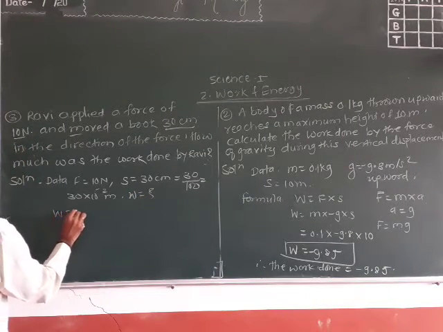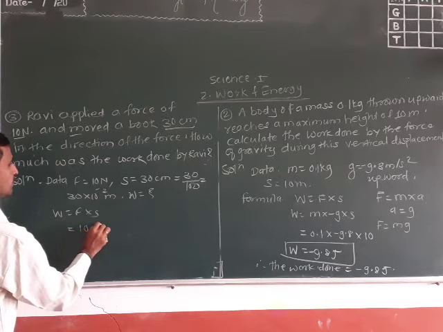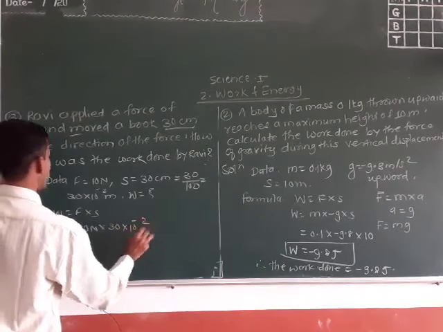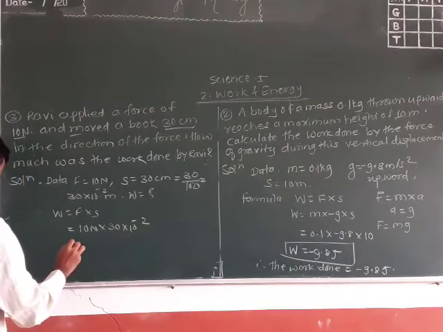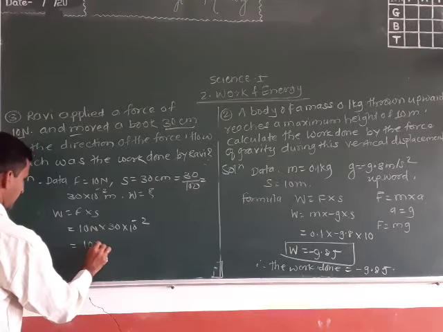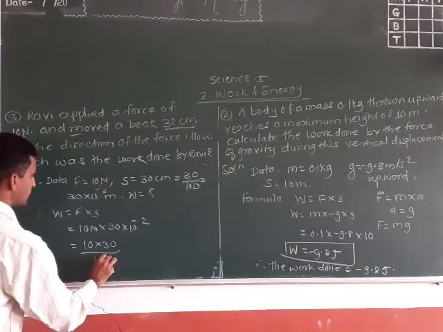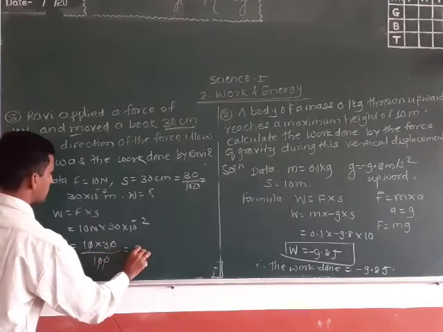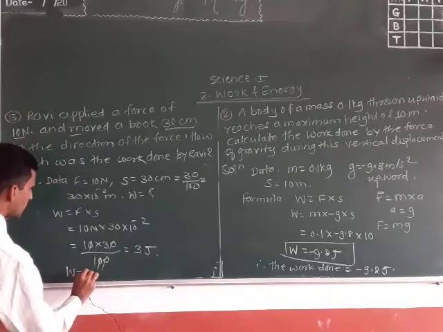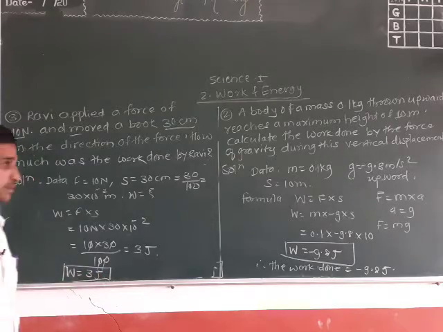Formula: W is equal to force into displacement, which is 10 Newton multiplied by 30 multiplied by 10 raised to minus 2, equal to 10 into 30 divided by 100, which is 3 joule.